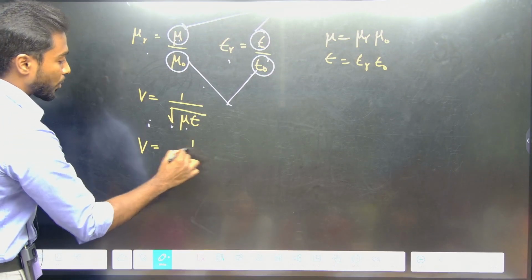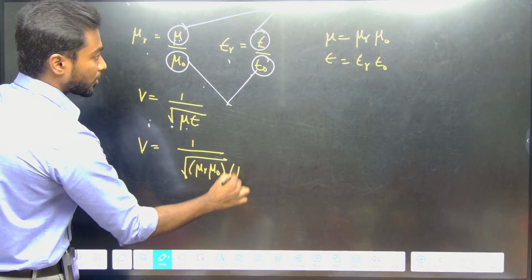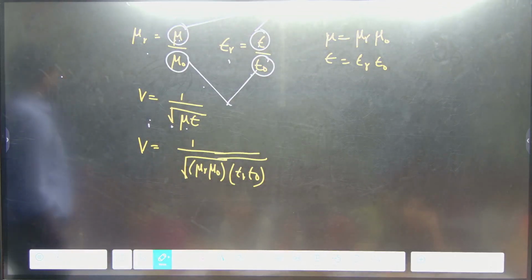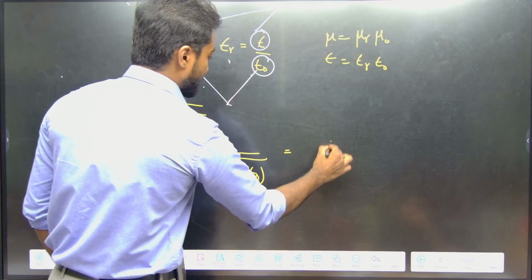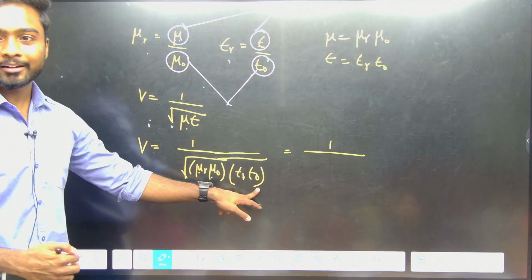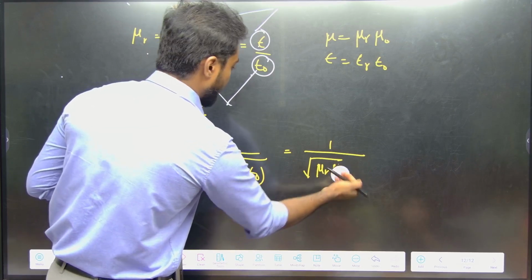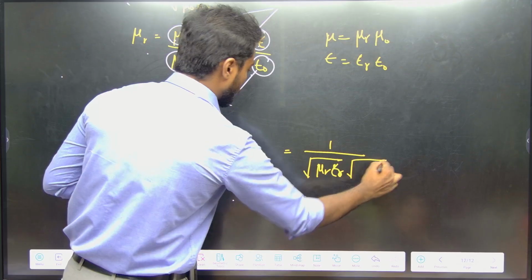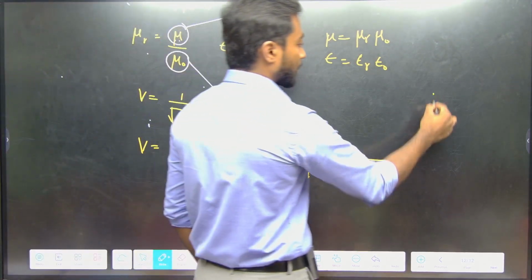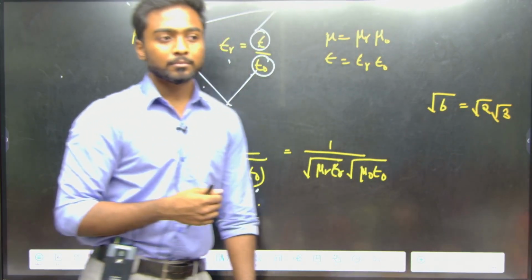So V is equal to 1 by root over mu r mu naught into epsilon r epsilon naught, everything is under root only, getting? So I can separate the things. Under root of mu r epsilon r, and under root of mu naught epsilon naught, I can write like this, like root 6 in terms of root 3 into root 2, yes, no?